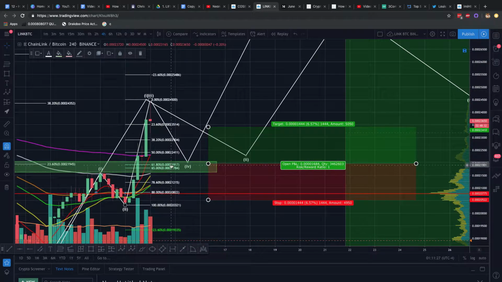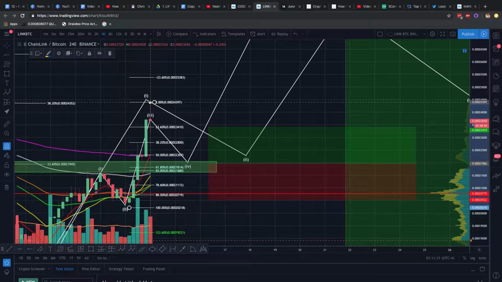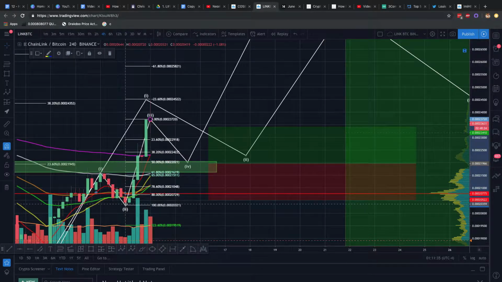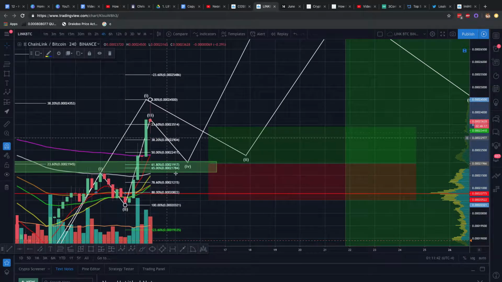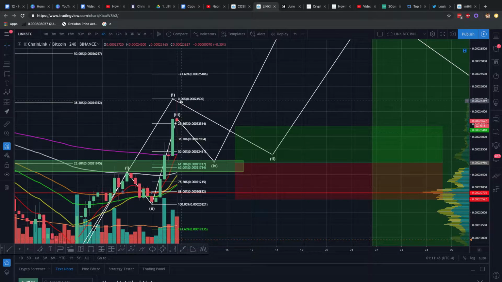Let me get this exactly correct, right? So it's at either 216 if you take it from the body, or 219 if you take it from the wick. This wick doesn't seem to be too much.